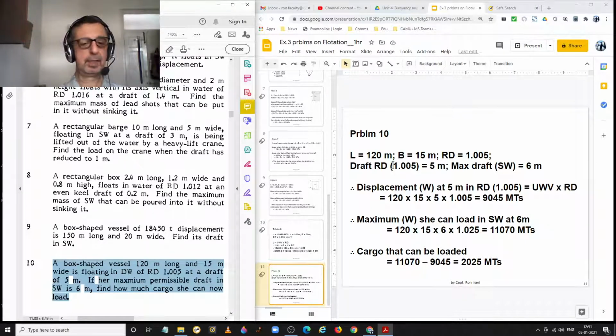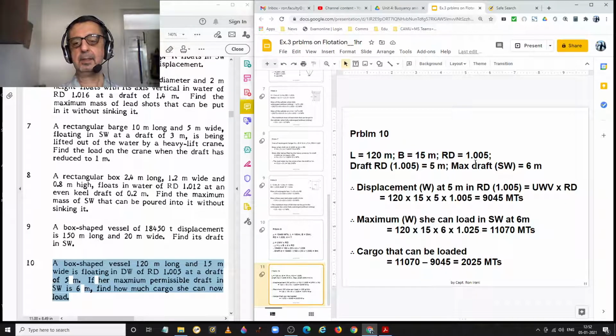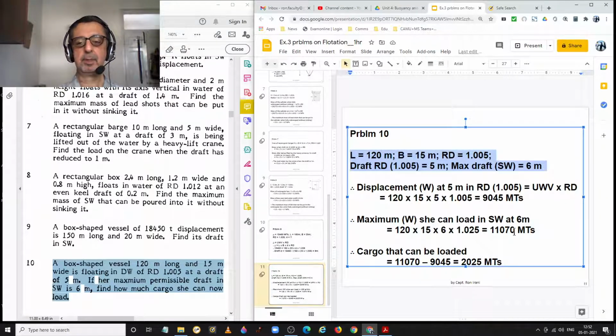She is floating in dock water of RD 1.005, and you have to find the maximum permissible cargo that can be loaded when she is floating at 6 meters draft in salt water of 1.025 RD. This information is given to us in the problem.